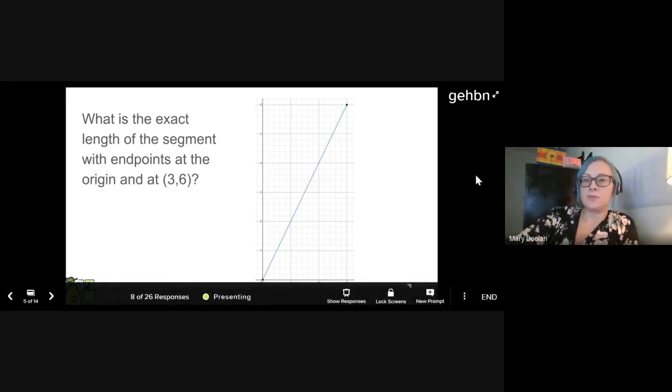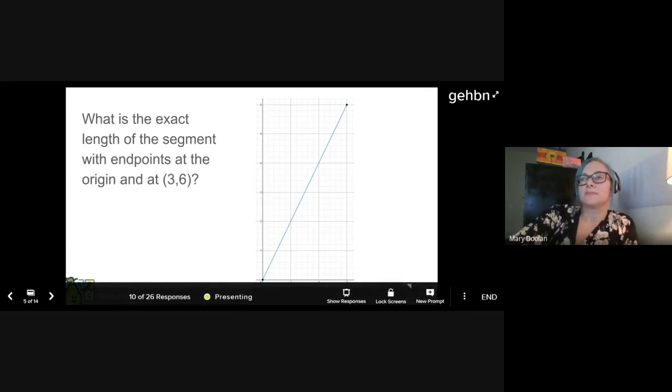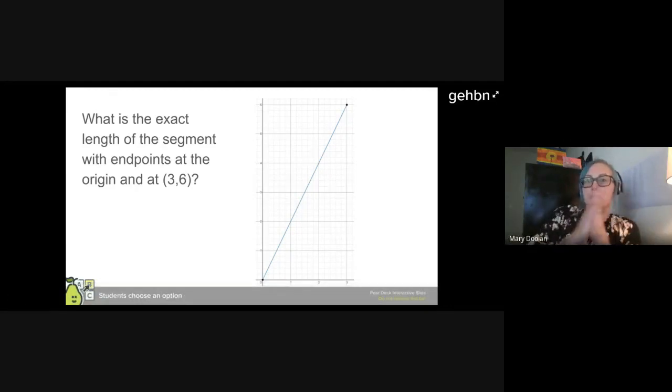And you'll have to come to your Pear Deck tab so you can choose the correct answer. There's 4 possible choices. I have 11 of you that have responded so far. 6 of you have gotten it correct.